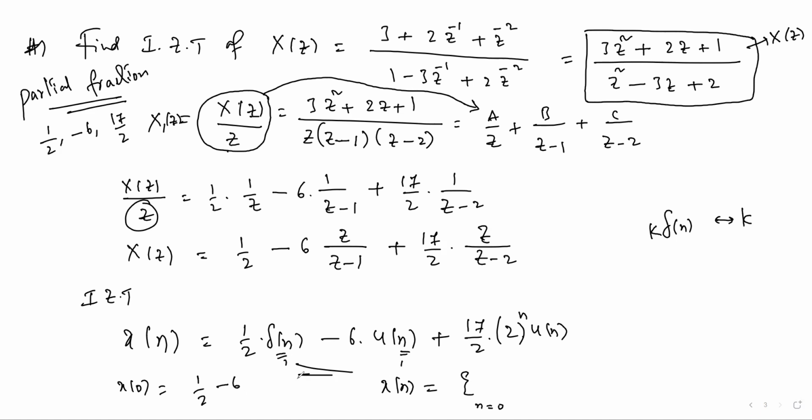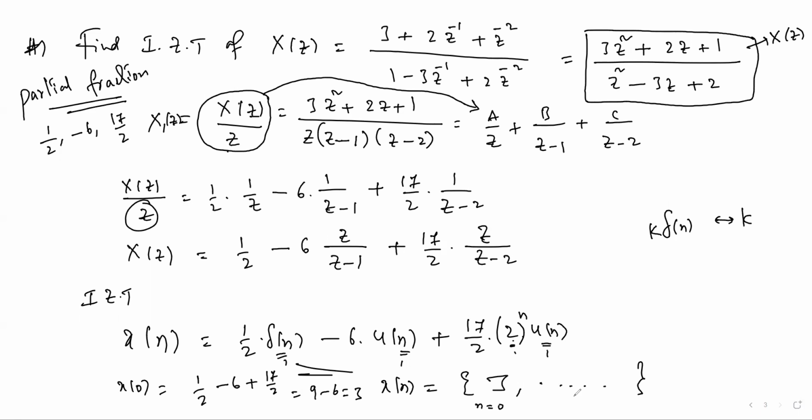So minus 6 times 1, and this also 1, 17 by 2. That means 18 by 2, 9, 9 minus 6, 3. I'll get 3 first here. Like that, if you substitute n values, you will get the sequential form.